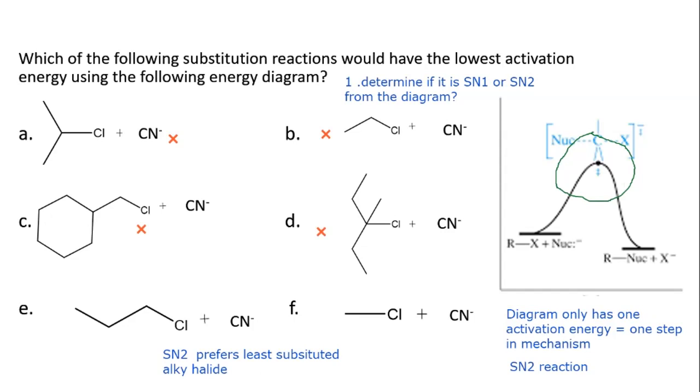E is a primary, and F is a methyl. Since F is a methyl halide, it would have the lowest activation energy. Other ones may undergo an SN2 reaction, but F would have the lowest activation energy for this reaction.